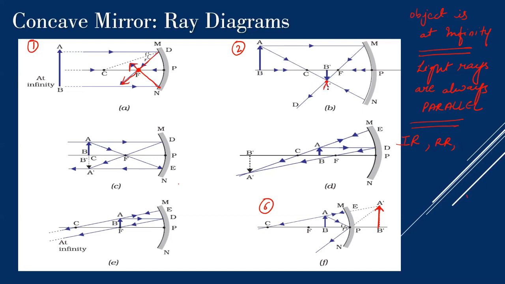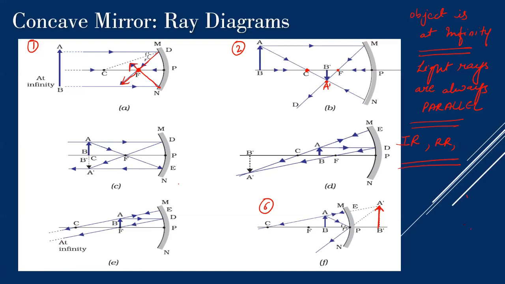So we will denote it as A dash, B dash. So that means this is an inverted image. It is formed between center of curvature and focus, right? And how is the size of the image? Size of the image is diminished. That means it is smaller than the object. You can see it over here. It is smaller than the object, right? And nature, real and inverted.